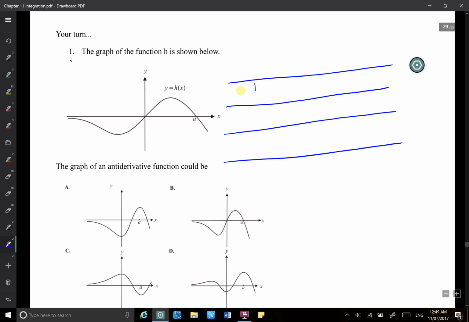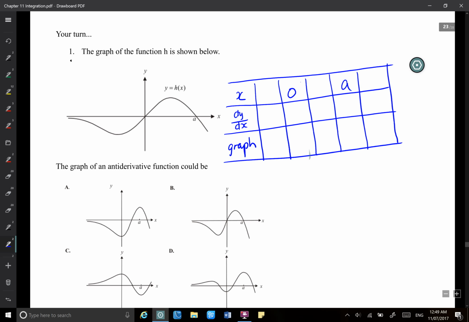So to set up the table, I have x value, and say that's h dash x, or let's say the dy dx, and then that's the graph. First one empty, second one I have the point 0 here, empty next one, the next one I should have a, and here. Those 2 points have 0 and 0.